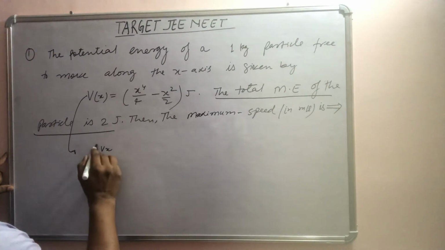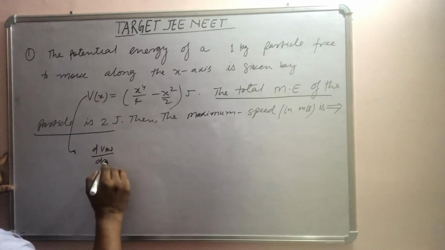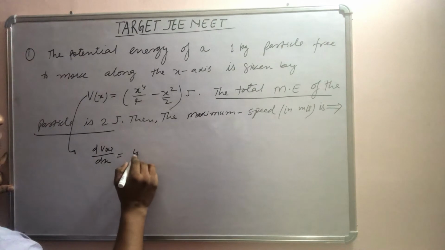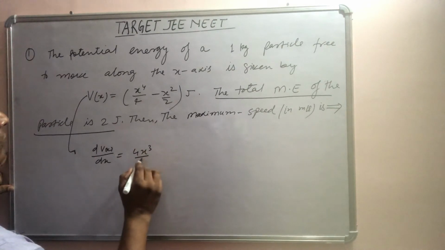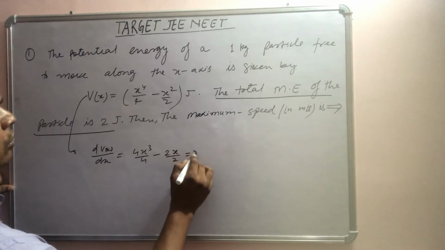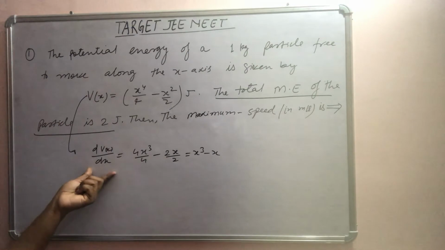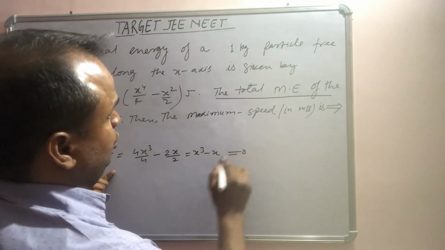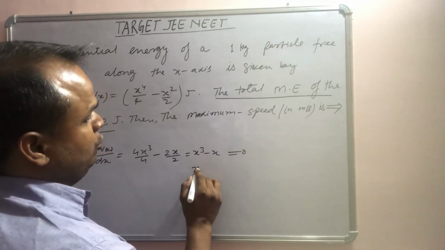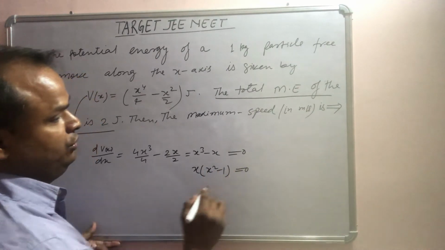dV(x)/dx is equal to 4x^3/4 minus 2x/2, which is x cube minus x. For it to be minimum, we set it equal to 0 to get the value of x. So x square minus 1 is equal to 0.